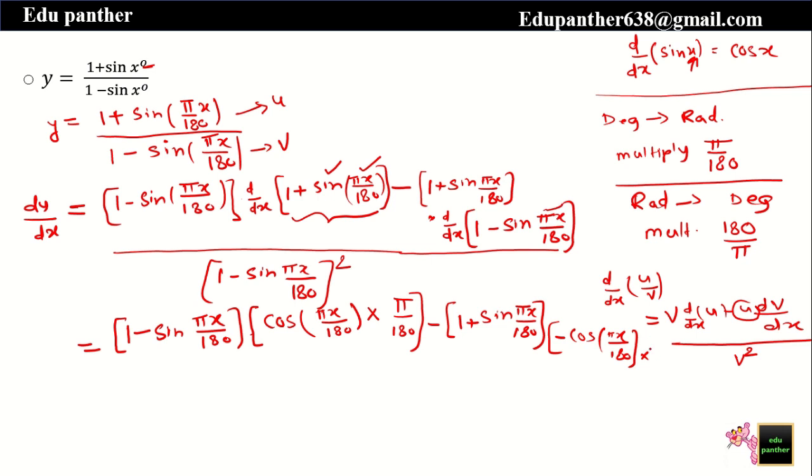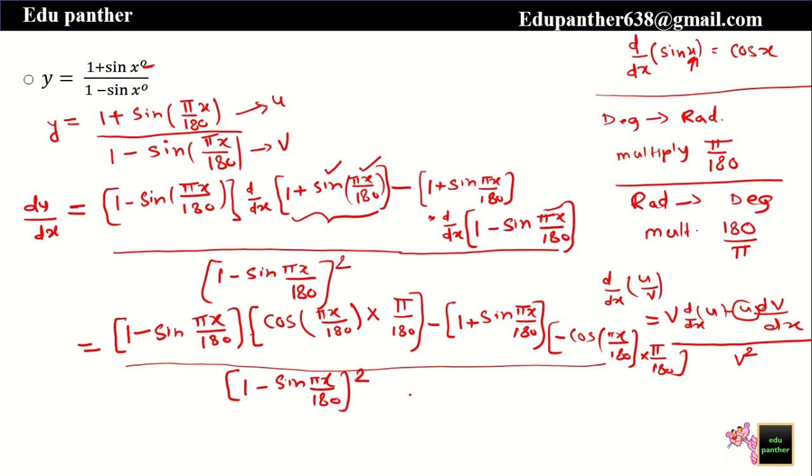So derivative of pi x upon 180 is same pi upon 180 divided by v square, which is 1 minus sine pi x upon 180 square. Okay, so now the derivative procedure is over.